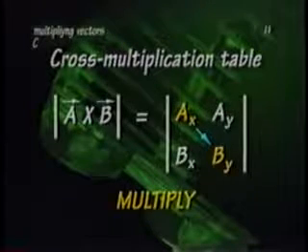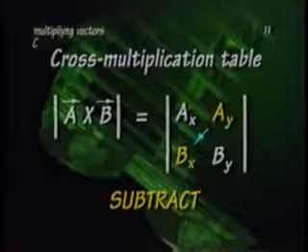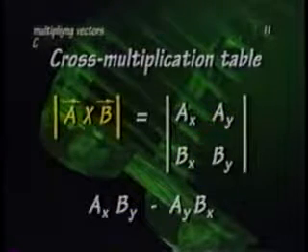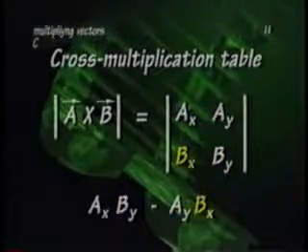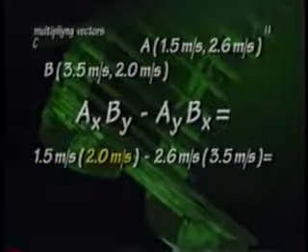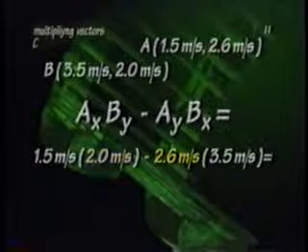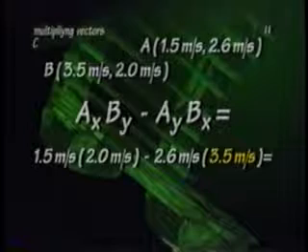Using this table, we multiply diagonally down from left to right and subtract the product multiplying diagonally down from right to left. So the cross product equals A sub x times B sub y minus A sub y times B sub x. Using the components in the roly-poly example, we've got 1.5 meters per second times 2.0 meters per second minus the product of 2.6 meters per second and 3.5 meters per second.